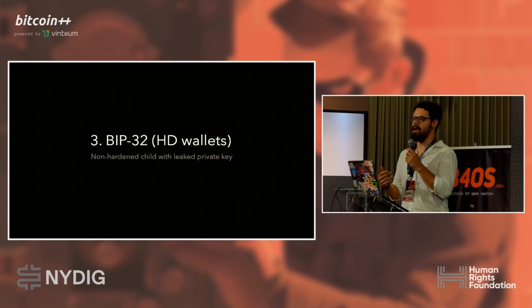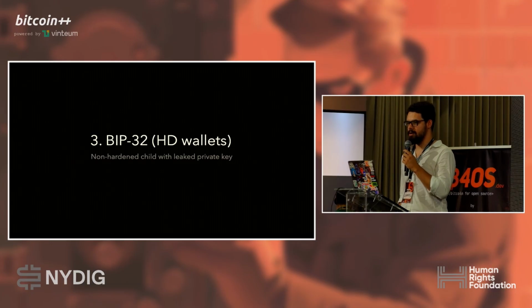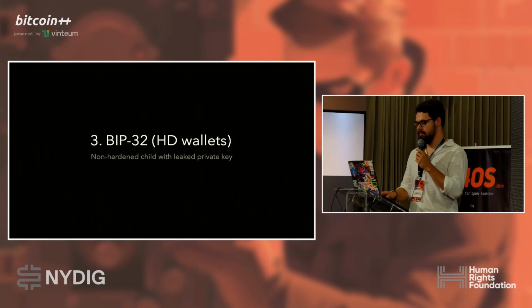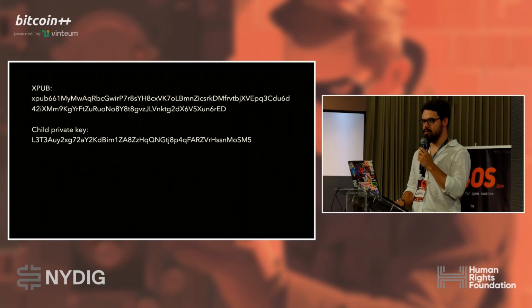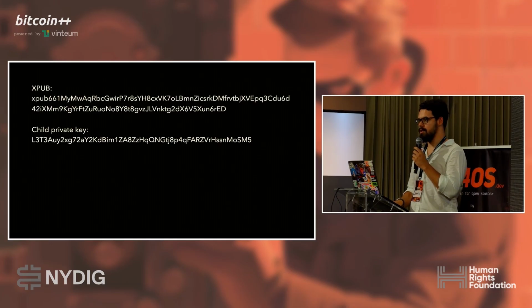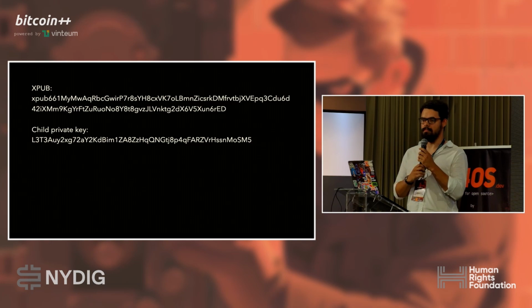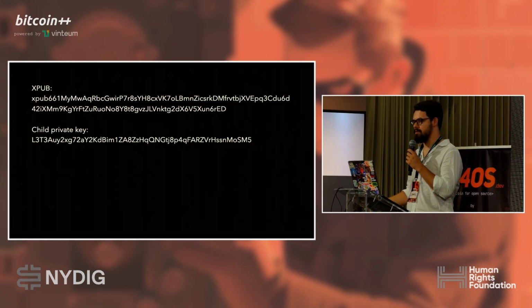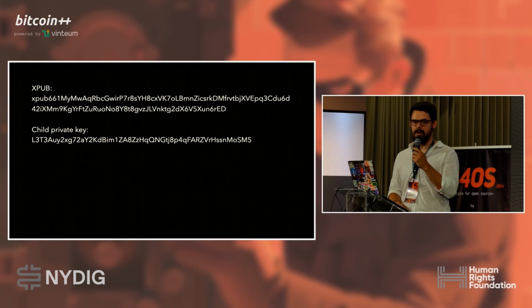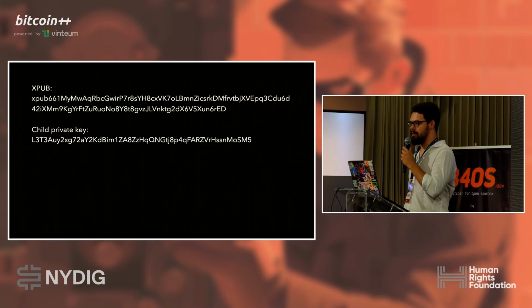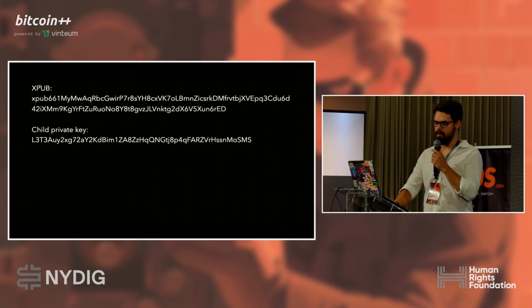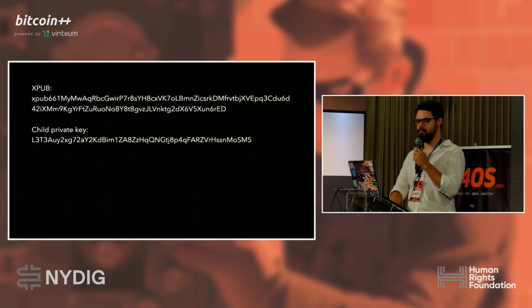You have your xpriv or you have your mnemonic, but let's say I was able to get your xpub because you gave it to me. I was paying you for a service or something so that I could pay you every time on a different address. That's why you gave me your xpub for this wallet.